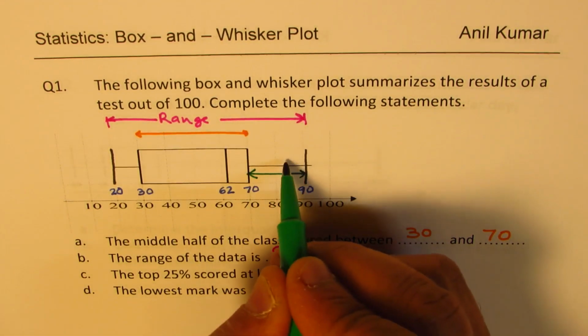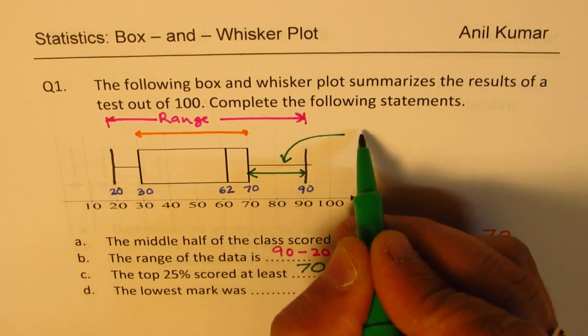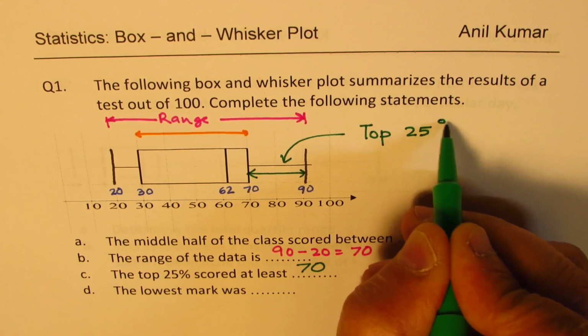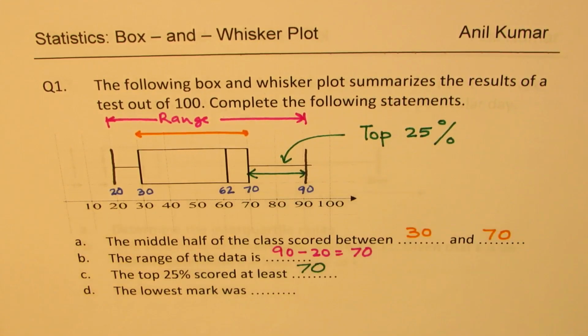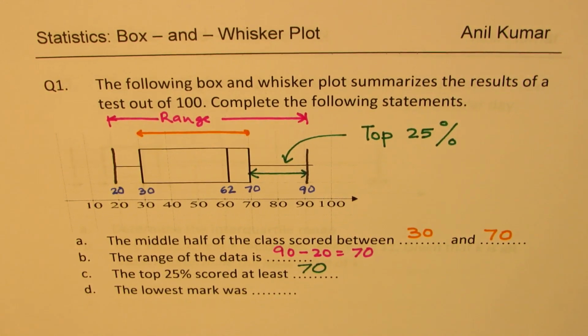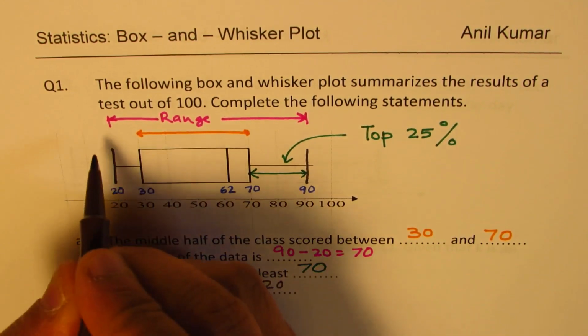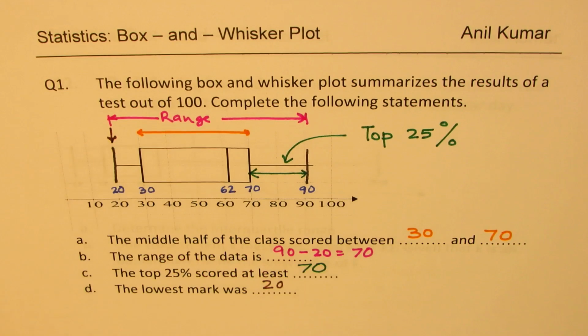This is the top 25%, right? So least means on the left side, correct? The last question here is the lowest mark was, so that was 20. So this is the lowest mark, correct?